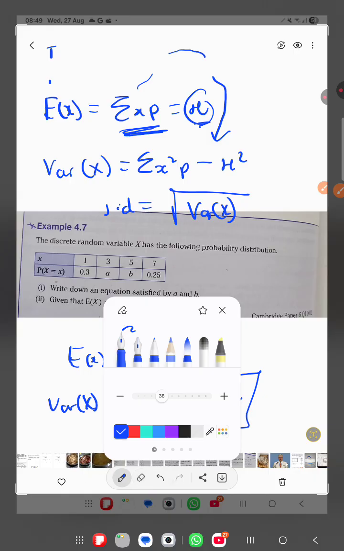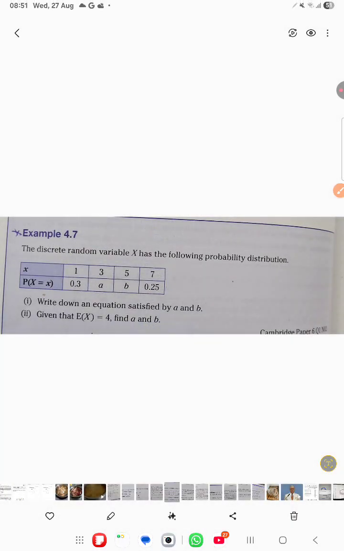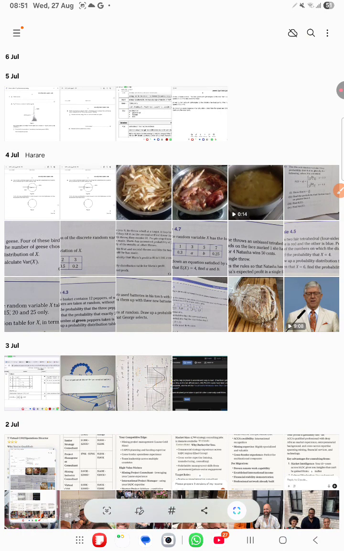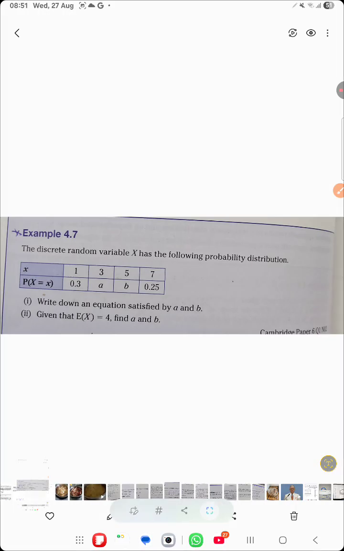Please learn, my friends. Don't intend to learn later. Learn now. Okay. I hope that makes sense. Without any further ado, let's attempt the question.